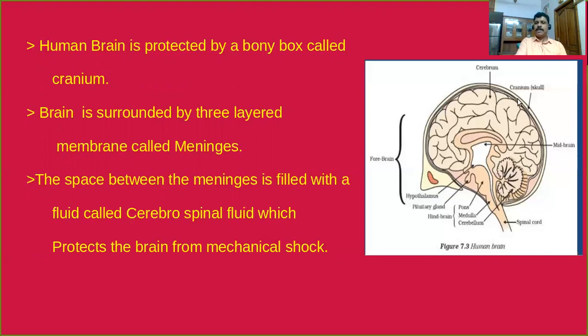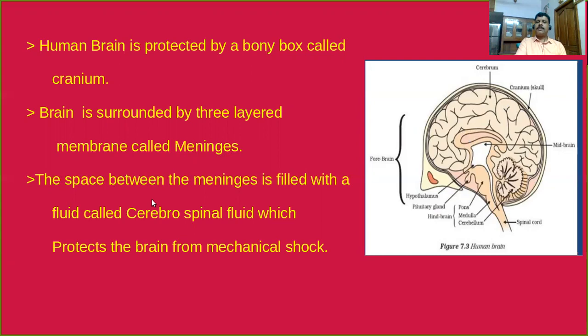You can see in this diagrammatic representation, this is the outer protective covering, that is the skull or the cranium. Then you can see the brain again surrounded by a three-layered membrane. So the outermost covering is the cranium or skull. The brain is surrounded by a three-layered membrane, called the meninges.